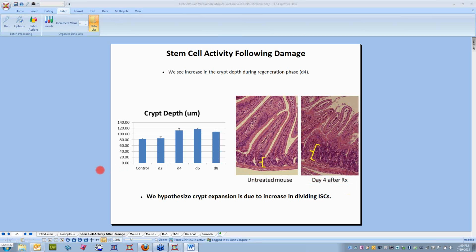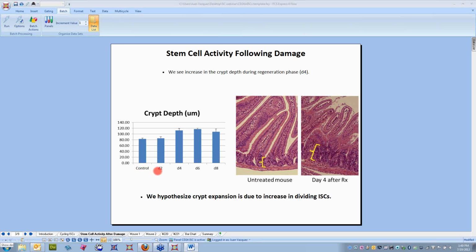You can see that the crypt depth lengthens at day 4. Maximum damage is at about day 2, and then these crypts begin to increase in length as the stem cell pool expands and as the stem cells begin to divide more rapidly.